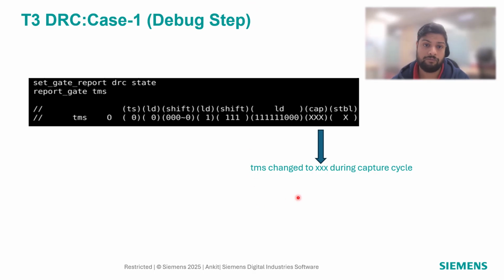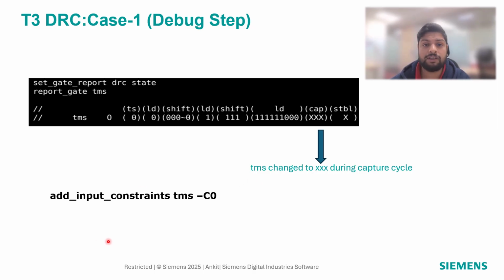For this, we check the value of TMS in all states using set gate report DRC state and report gate TMS. From the TMS value analysis, we saw that the TMS changed to X during the capture cycle. This means the tool doesn't know what value TMS is holding. So the state becomes unstable.